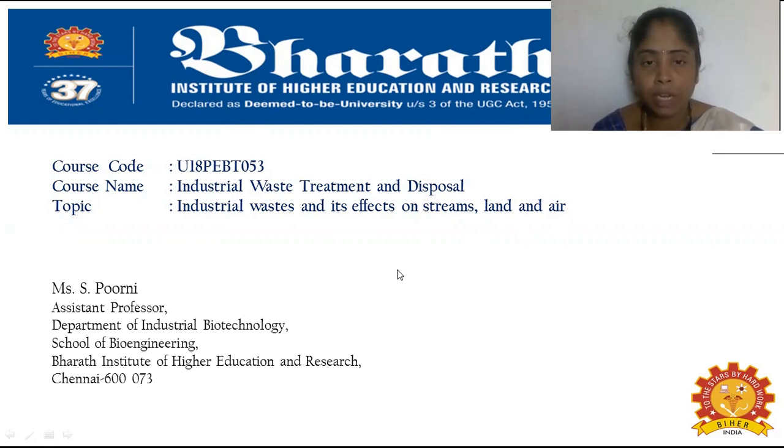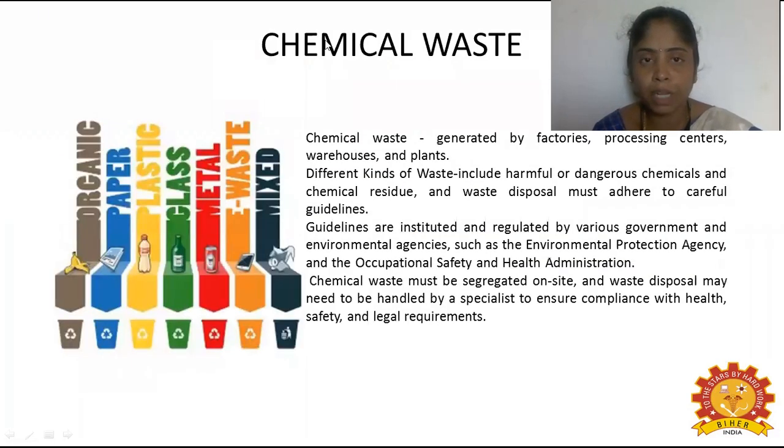Before getting into the topic, we must know what wastes are segregated. When we talk about waste, what are the various wastes that we get from the various sources? The first one is organic waste.